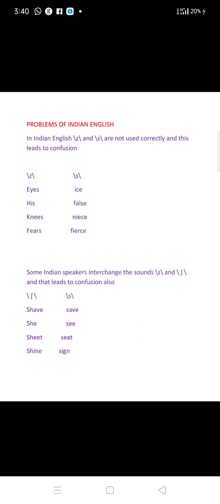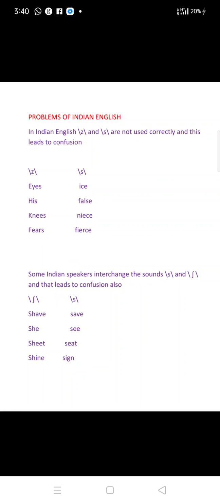The second mistake, or second problem you can say, that Indian speakers face: some Indian speakers interchange the sounds s and sh. Here you can see the first sound is sh and the second sound is s.